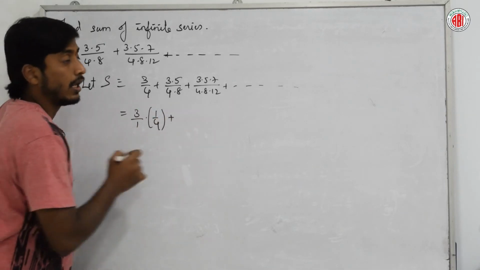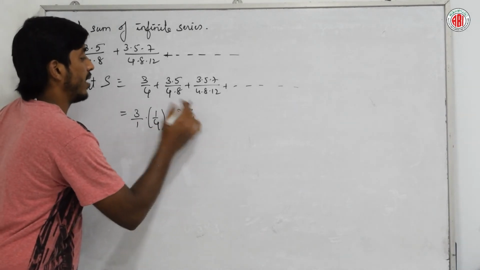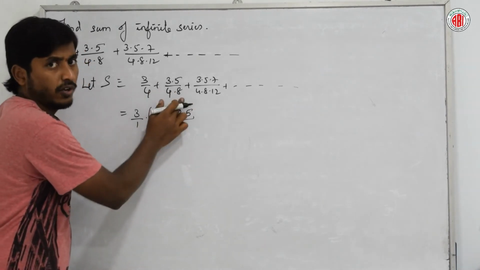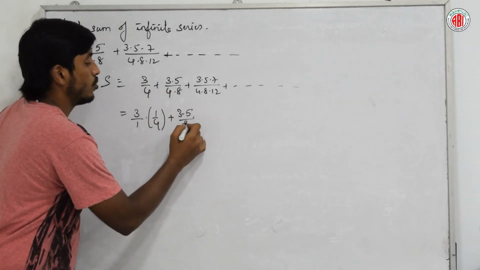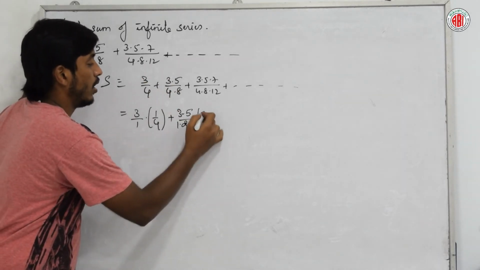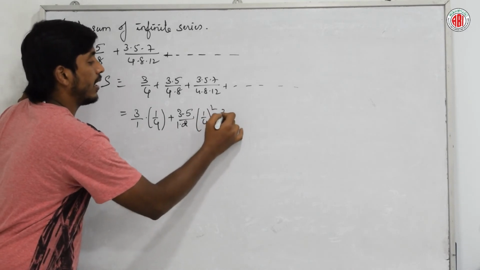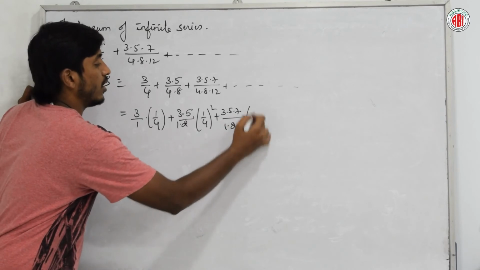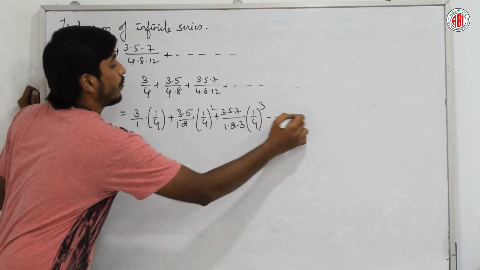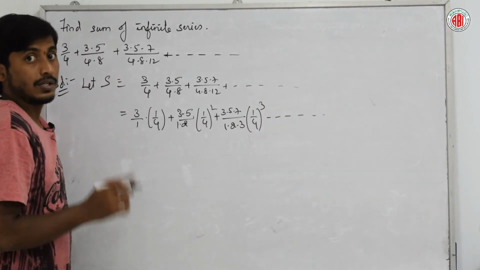Is it okay? Next 3 into 5 by here 4 into 2. Can I write it as 1 into 2 into 1 by 4 square, and here 3, 5, 7 by 1, 2, 3 into 1 by 4 whole cube. Yes, so it's possible.